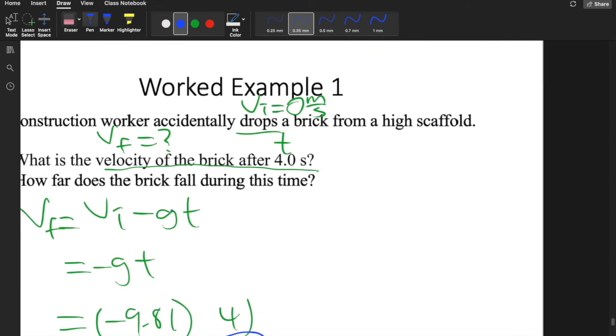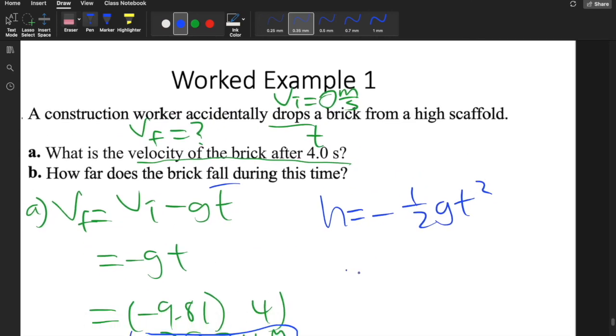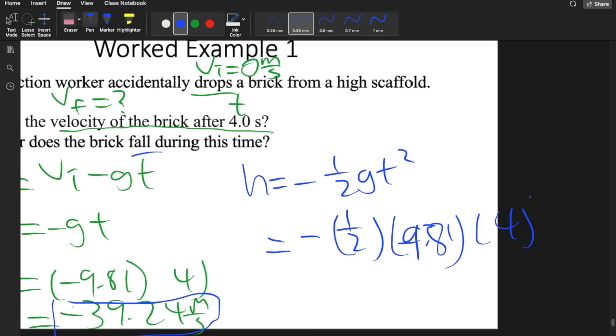So how far does the brick fall during this time? So you need to calculate the vertical displacement here, which is equal to negative a half times 9.81 times 4 squared.